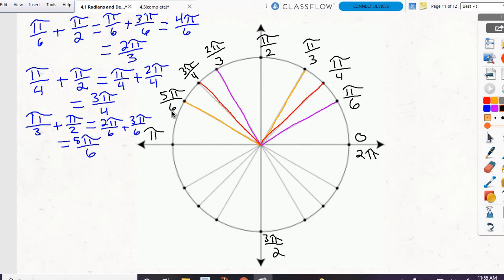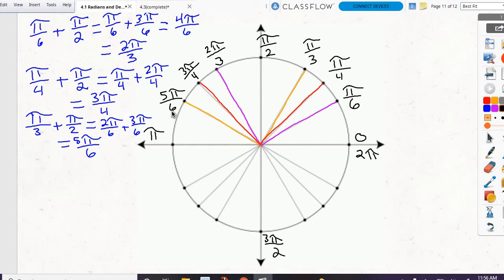Are they going to constantly mirror each other? Like how this one, as it goes from right to left, goes 6, 4, 3, and then right to left, 3, 4, 6. Yes. The same on the bottom, 6, 4, 3, and 3, 4, 6. Also, what do we notice about the relationship between the denominators and the numerators? The top is one less than our bottom. Does that make sense?